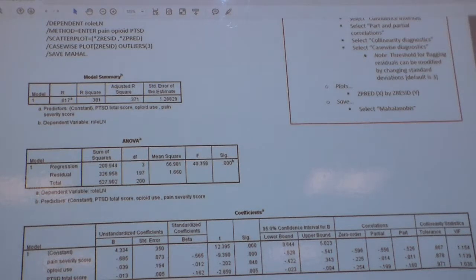Okay. So people feeling good about identifying this, interpreting things, and understanding what all this means? Yeah. So going back to the unstandardized coefficients, the unit that's being described here would be based on the scaling? Yep.